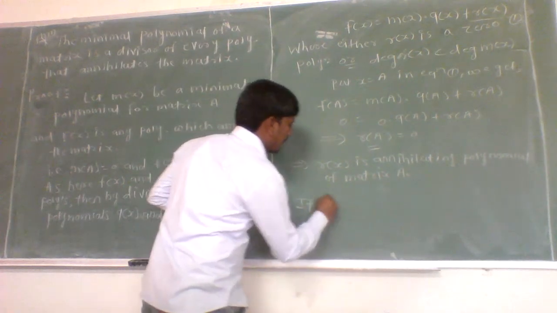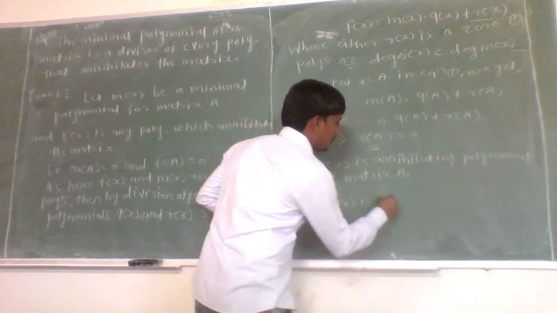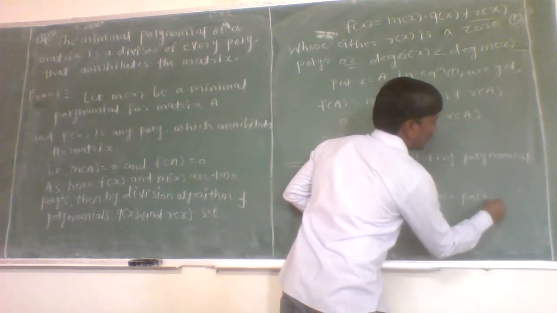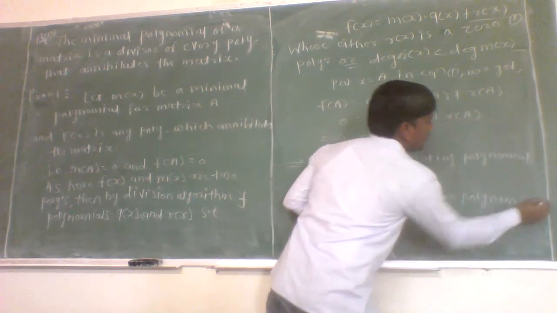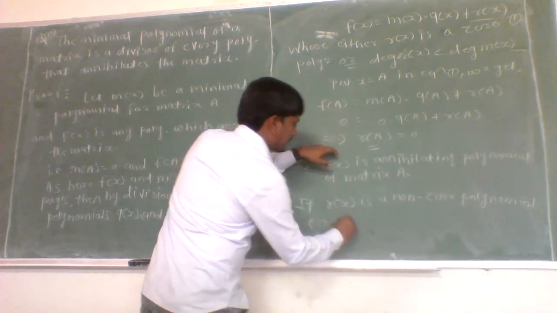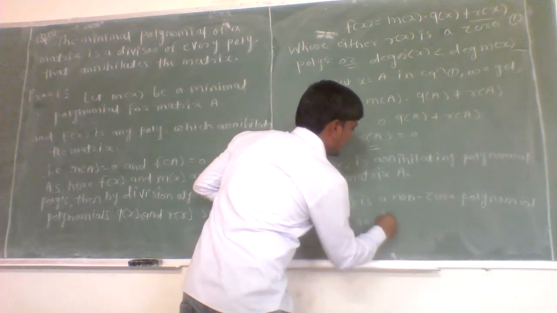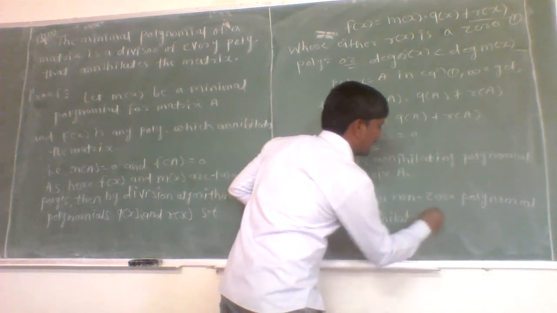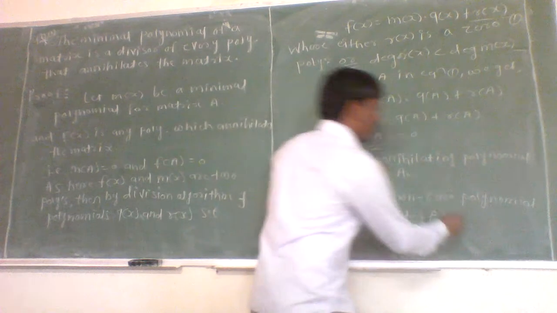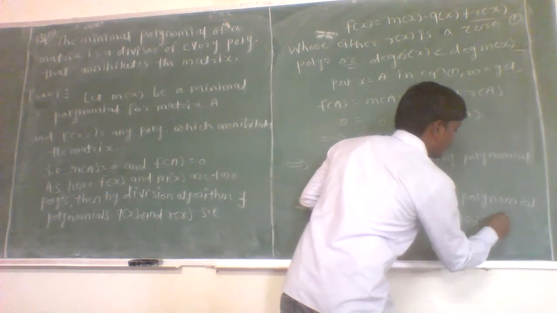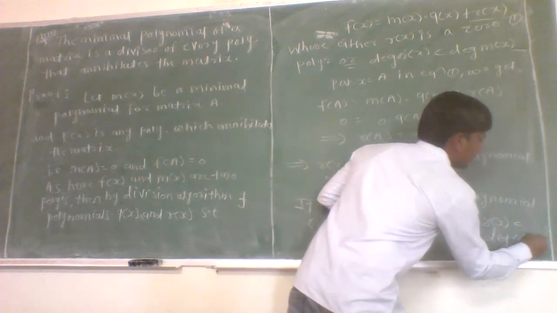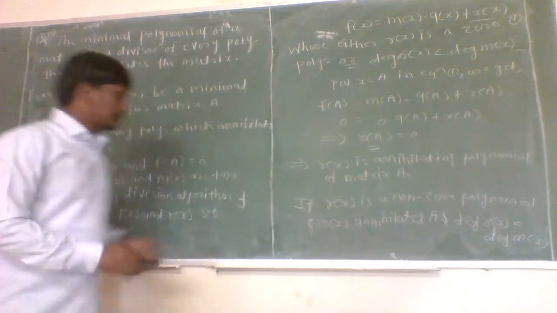Here, r of x is a non-zero polynomial, r of x annihilates the matrix A, and the degree of r of x is less than the degree of the minimal polynomial.